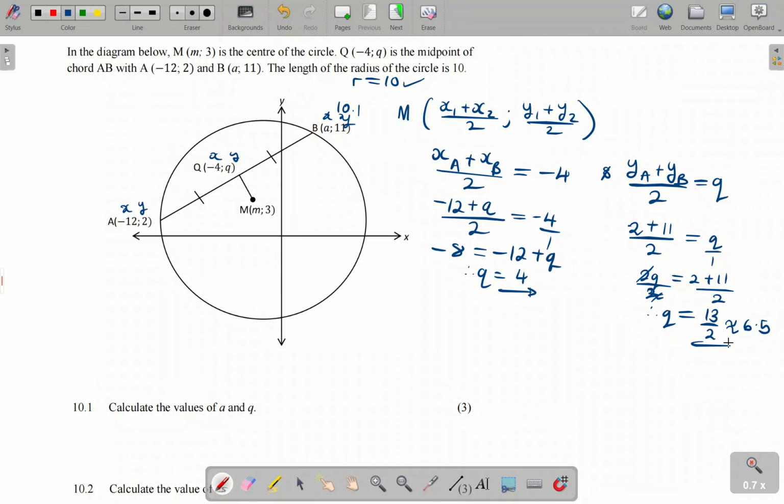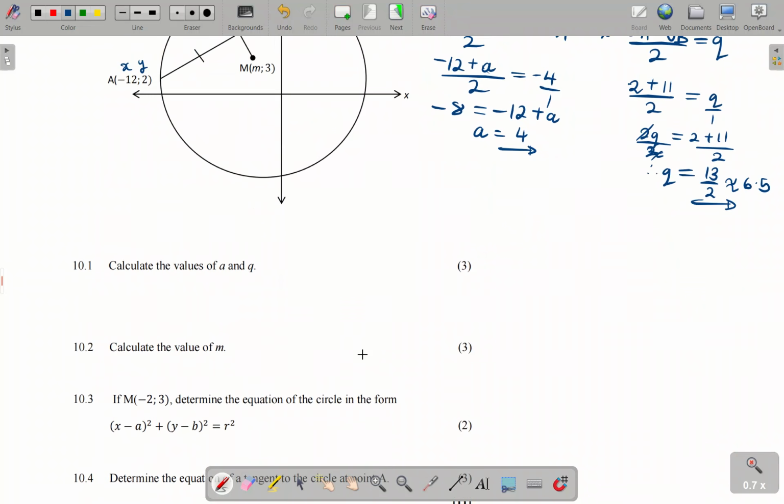So those are the values of A and Q, guys. See what I've done there? Sorry, I wrote the wrong letter. This is A, the X value there. Sorry for that.